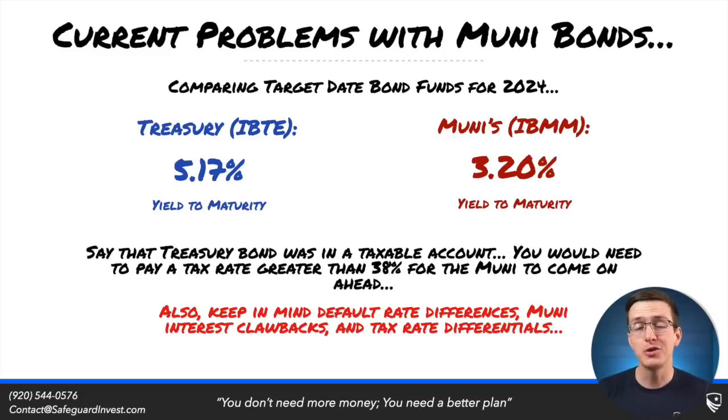Keep in mind, this also isn't an apples to apples comparison. Muni bond interest is clawed back and counted in tax equations like IRMAA and Social Security taxability. They're also a riskier bond than a treasury bond. They have a higher chance of defaulting, whereas a treasury bond really has the lowest chance of defaulting in most professionals' opinion. The point being here, however, the tax rate matters in this equation.